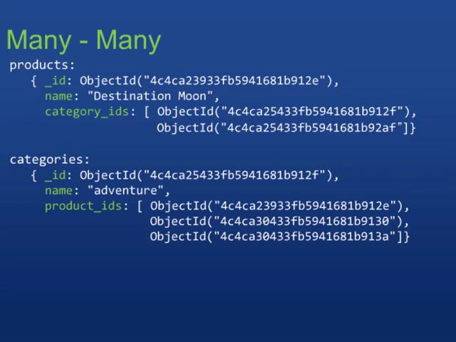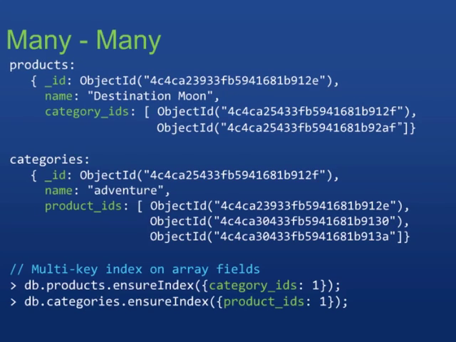Now, depending on the update rate and the dynamism of this model, this might be a pain, because if I ever add a new category or a new product, I potentially need to update multiple documents in order to add it. So depending on how static this type of relationship is, this may or may not be a good way to go.